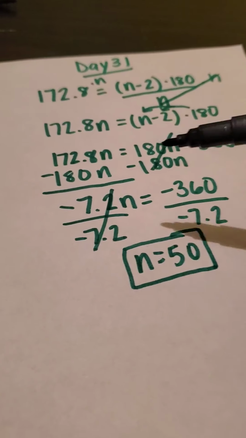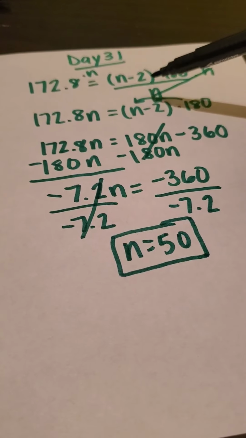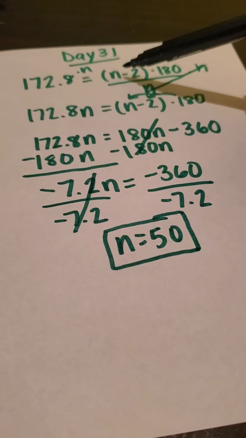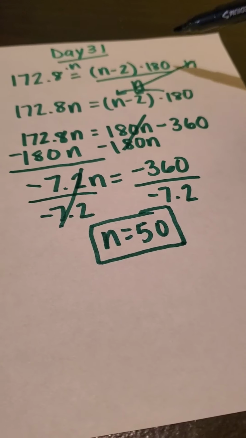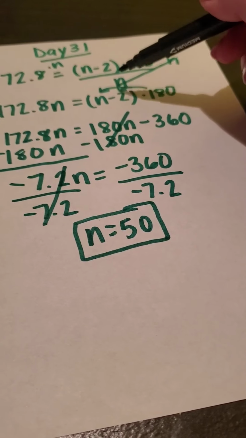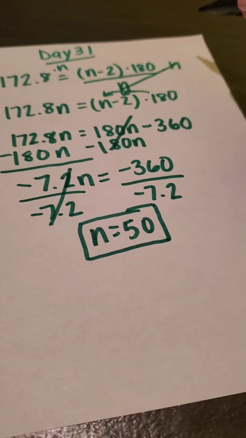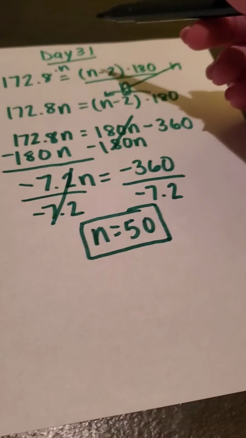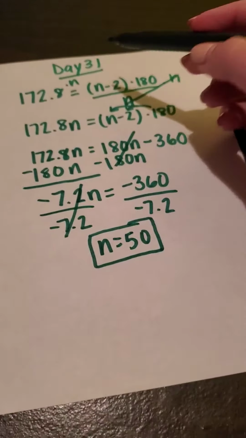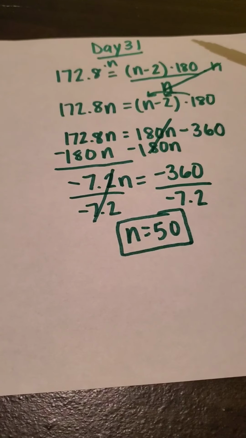So that means if I go back into my problem and I plug in 50 for n, so 50 minus 2 times 180, and then I divide that number by 50, I'm going to get 172.8, okay?